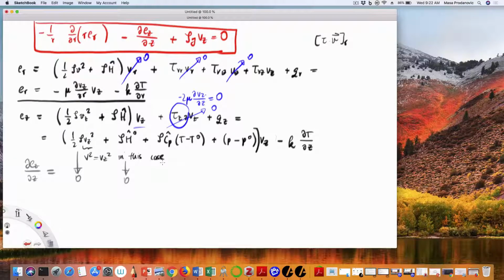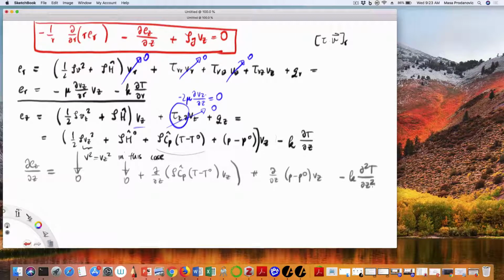This one not necessarily. Okay, so that's partial z of rho Cp (T minus T0) Vz, and plus partial z of minus k d squared T/dz squared.